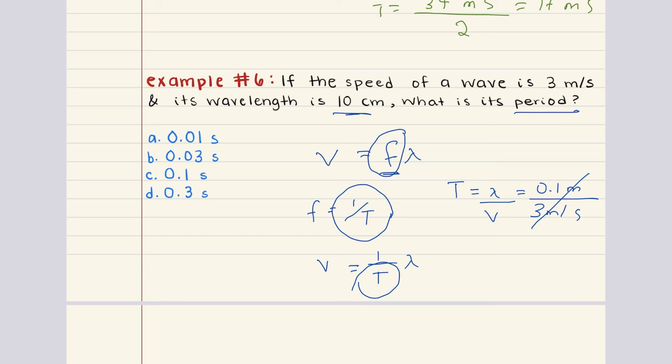We're left with seconds. 0.1 divided by 3 is equal to 0.03 seconds. So the period is equal to 0.03 seconds, which aligns with answer choice B. The correct answer for problem 6 is B.